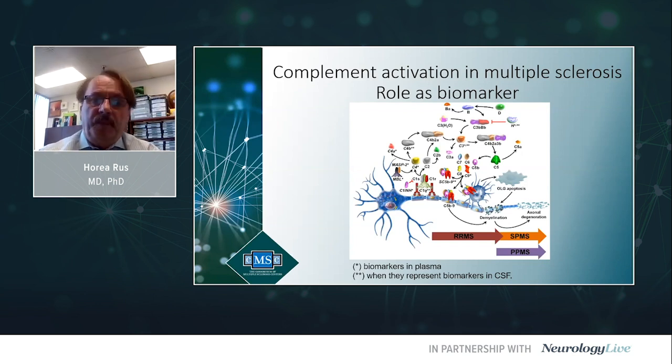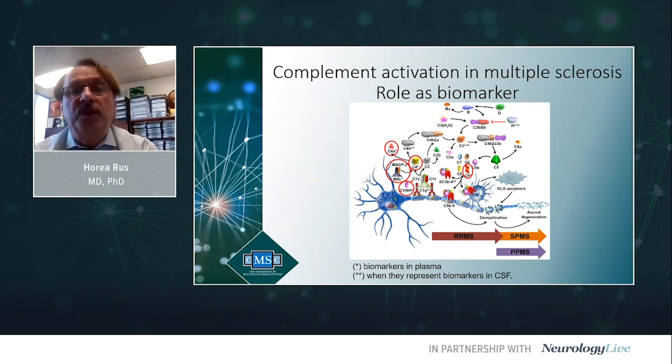There have been a lot of studies done in this area, and some of the biomarkers which were established are in the plasma or serum, and we're going to talk about some of them, like C4a, C3, C4, C1 inhibitor.